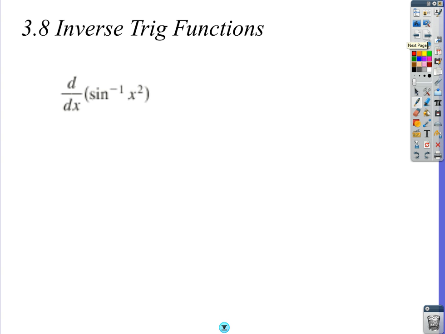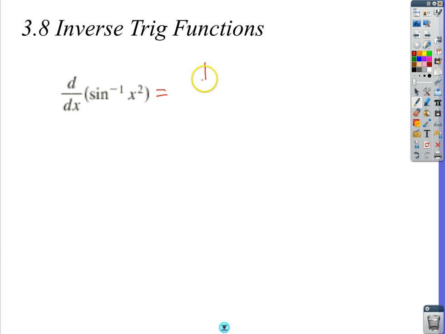So here's an example. We want to take the derivative of inverse sine of x squared. I say to myself, which one of these many rules do I get to choose from? Okay, so I'm going to take the derivative of inverse sine.